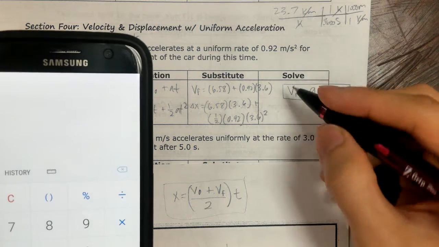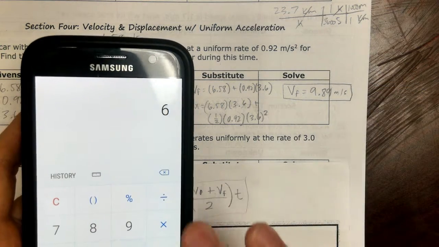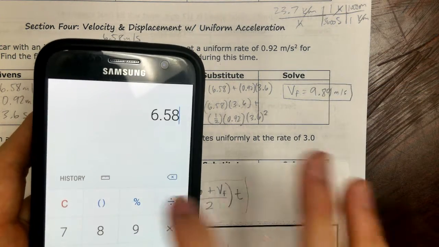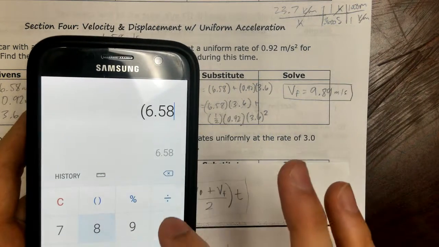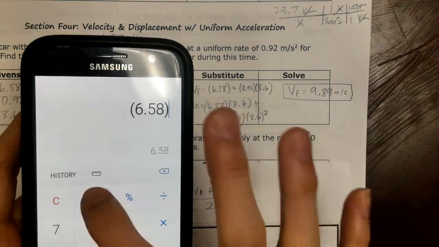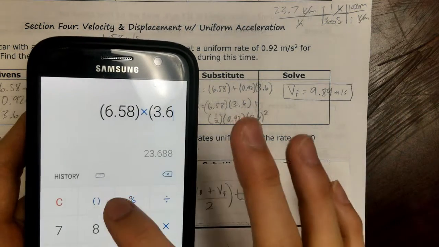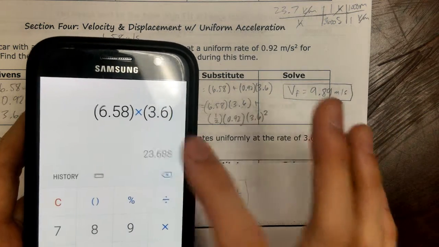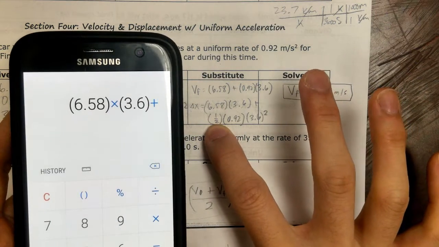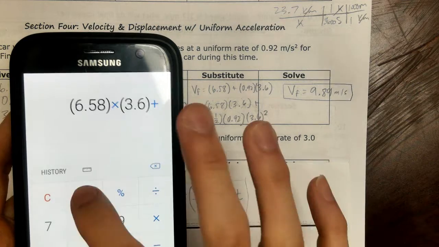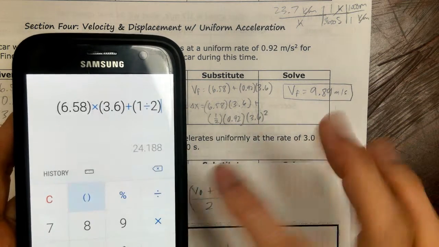Alright, next, let's go ahead and punch this in, 6.58. Or actually, if you can do this, 6.58 parentheses times 3.6. That's pretty cool, actually. It just does the times for me. Plus, I'm going to do 1/2, 1 divided by 2.